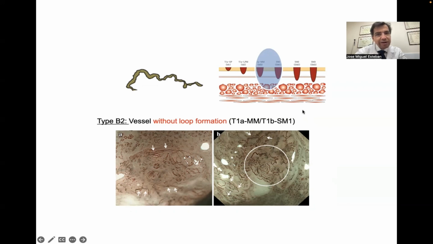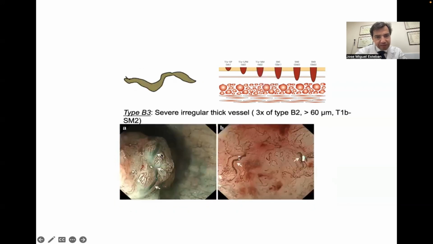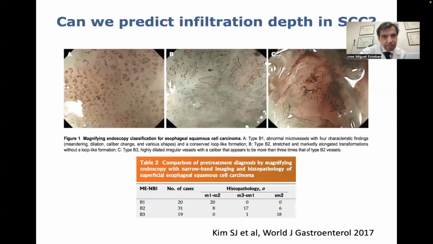And when there are neovessels like this, like you can see here, it's the type B3 with severely irregular thick vessels. It will go deeper to SM2 or deeper, like you will see here. So this vasculature will remain, and we will see how deep the neoplasia goes. We can predict the depth of the infiltration regarding these kinds of vessels.